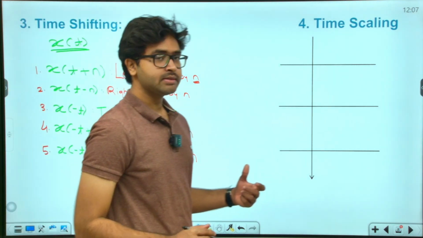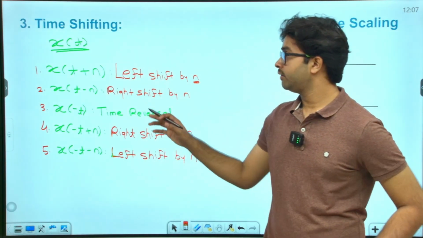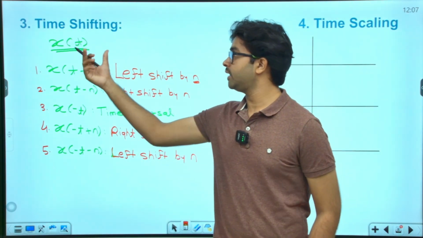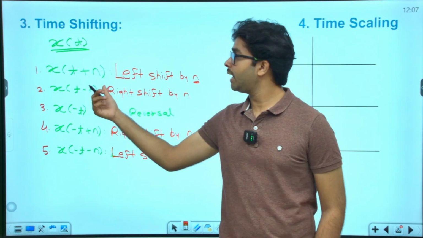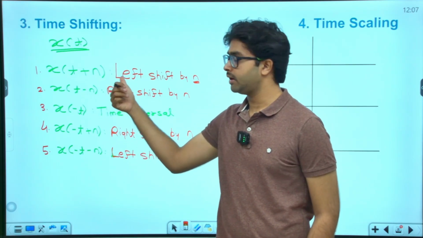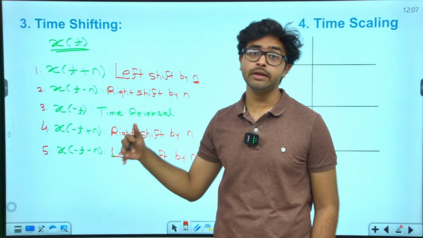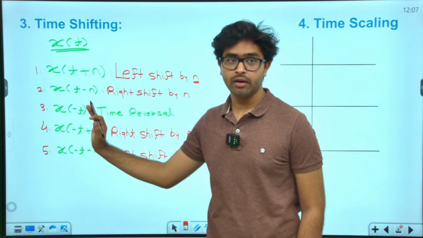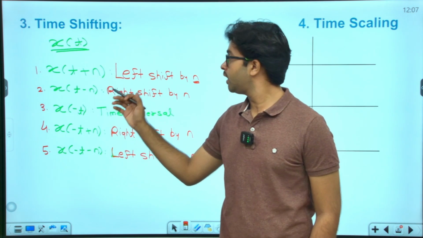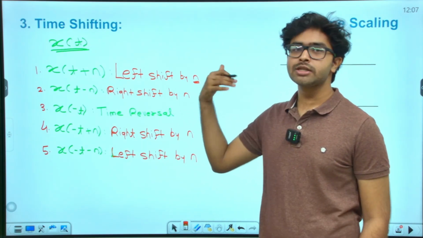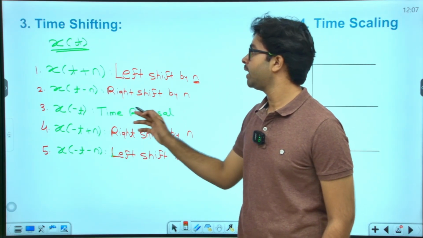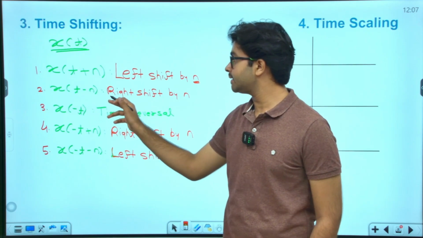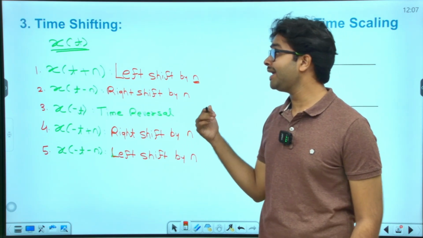So summarizing this, we can conclude that whenever I have the original signal x of t, and I perform x of t plus n, for example x of t plus 2, then that signal will be shifted to the left by that many units. If it's 2, then it will be shifted by 2. Similarly, if it's x of t minus n, then it will be right shifted by n units.